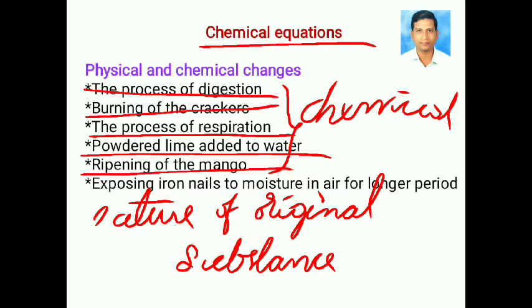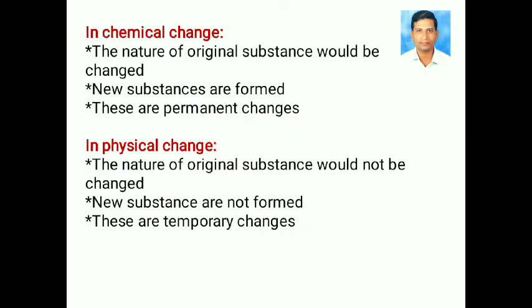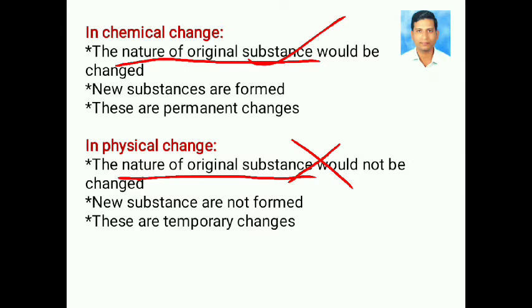These are chemical changes. Now let us know what happens in chemical change as well as in physical change. In chemical change, the nature of the original substance would be changed, whereas in physical change, the nature of the original substance would not be changed.